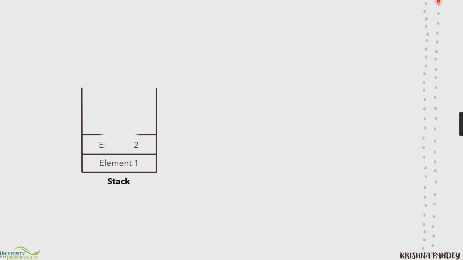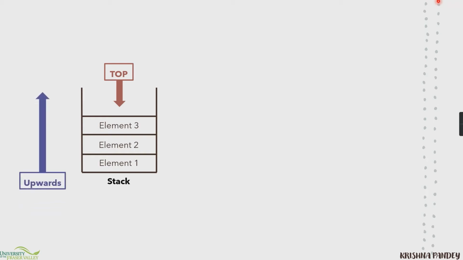Now take this as a stack representation, where we add a few elements on top of each other, where top always represents the topmost element. Now when we logically implement a stack like this, the direction of the stack is upwards.